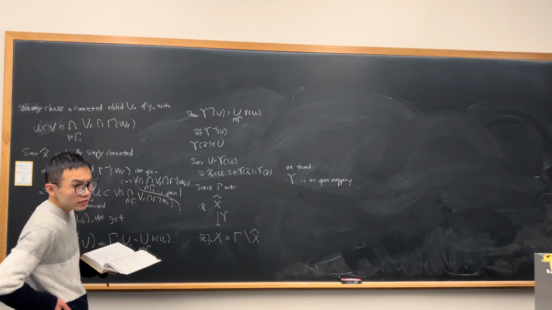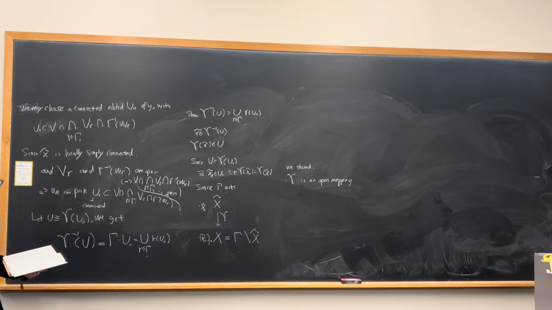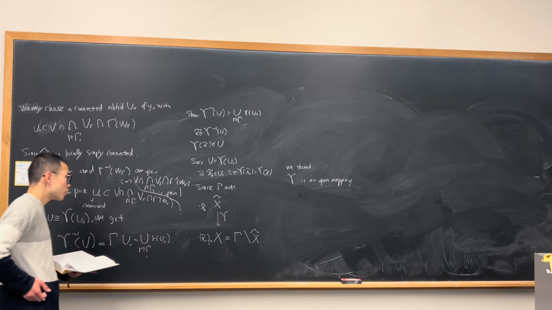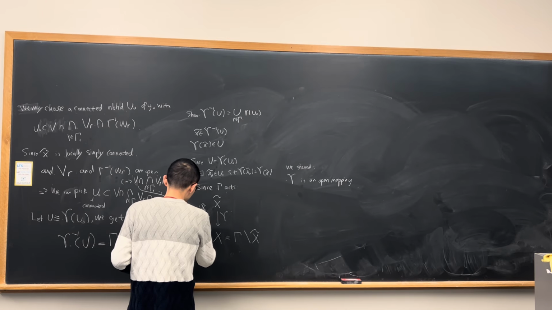Oh, since this gamma is a subgroup, it must have the identity element. Therefore this x naught must be contained in the preimage.